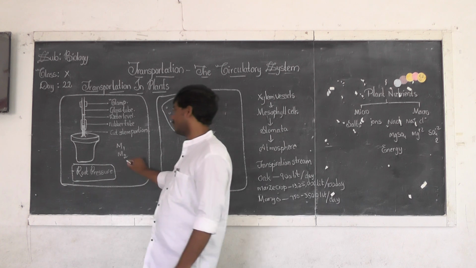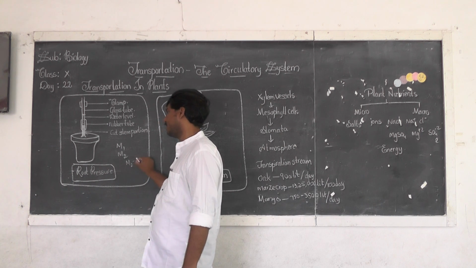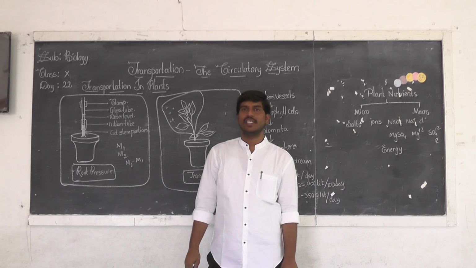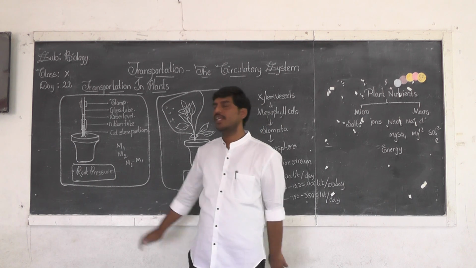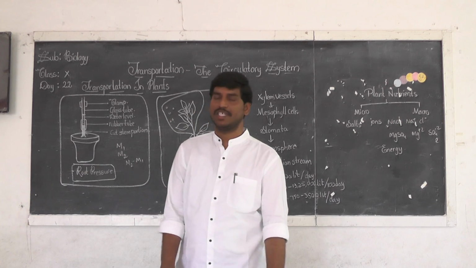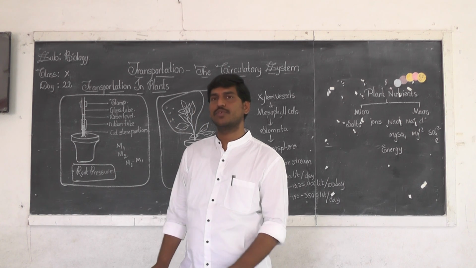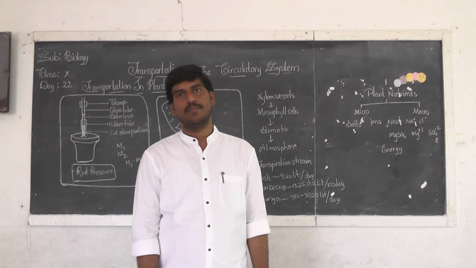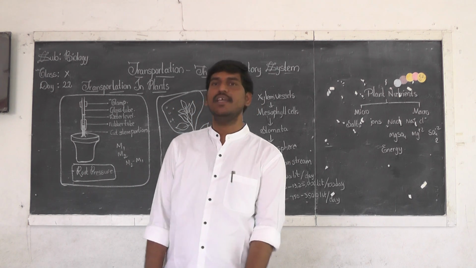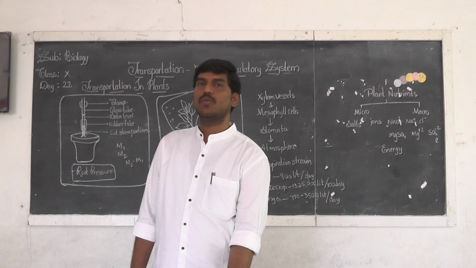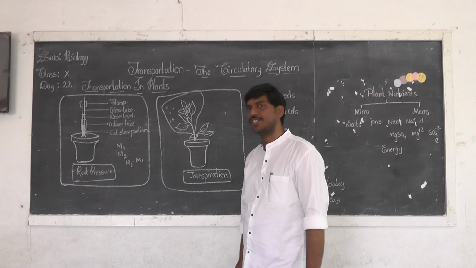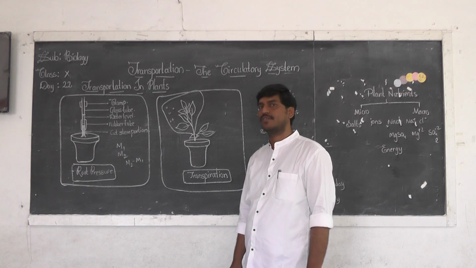Now the difference, M2 minus M1, because M2 is higher, in a given time gives us the root pressure. With the help of this root pressure, the water is pushed to the aerial parts of the plant body, or to the stem portions. Like this, water is absorbed and pushed with the help of a pressure, and that pressure is called root pressure.